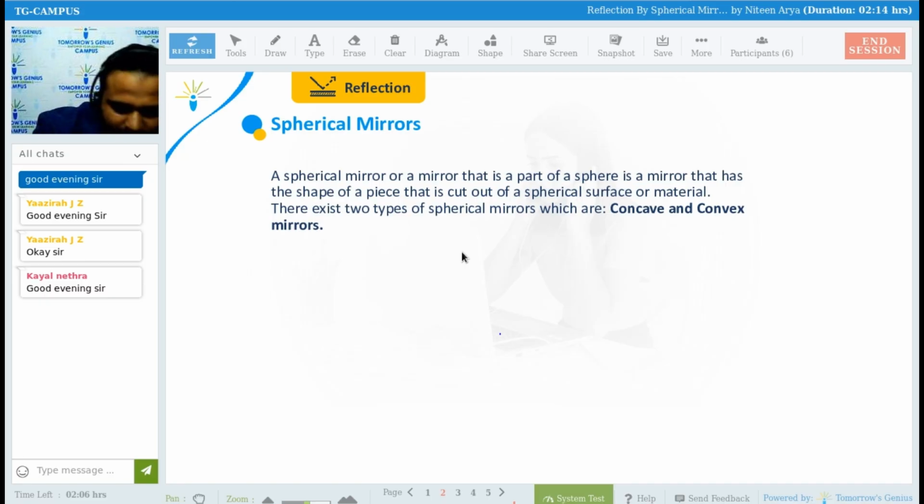First of all, this pen is not working. Beta, just give me a minute. I need to maybe change the room or talk with the IT member.